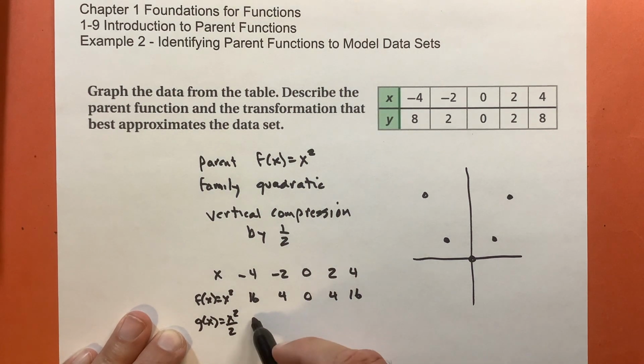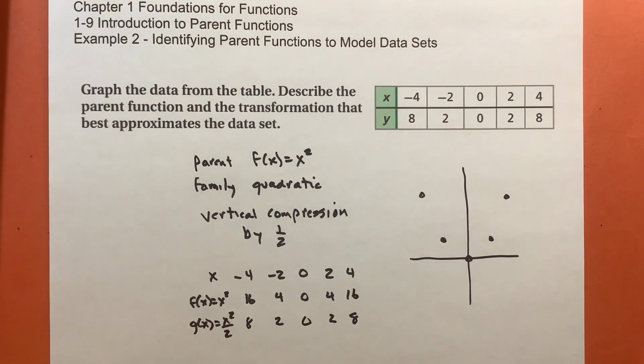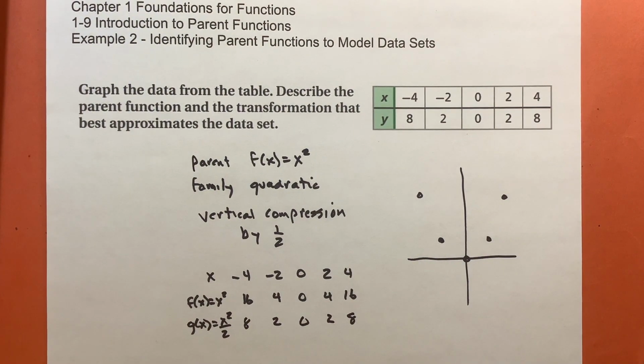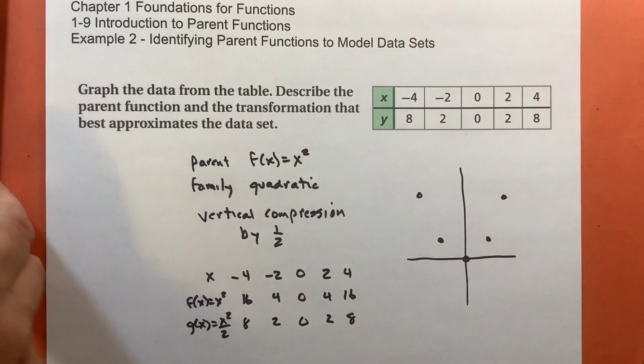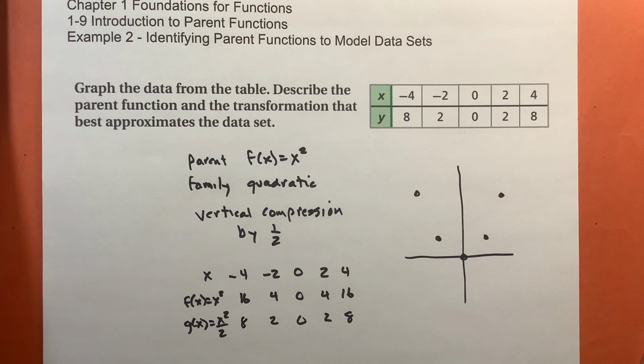So 16 divided by 2 is 8. 4 divided by 2 is 2. 0 divided by 2 is still 0. And then this is still 2, and this is still 8. And those match up with the graph. So I get an idea of it from the graph, and then I can actually just test that idea with arithmetic. Let's see if we can do the other one to still give you the idea.